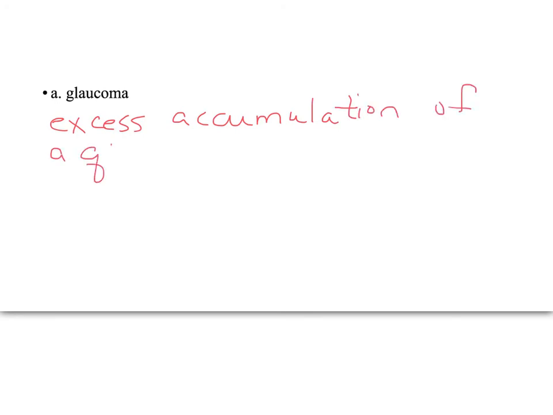Now, glaucoma is a disorder that can be genetic, and when someone has glaucoma, there's excess accumulation of aqueous humor. So that just means that the fluid isn't able to drain and there's still more and more being produced. And if it's not corrected, it back builds.